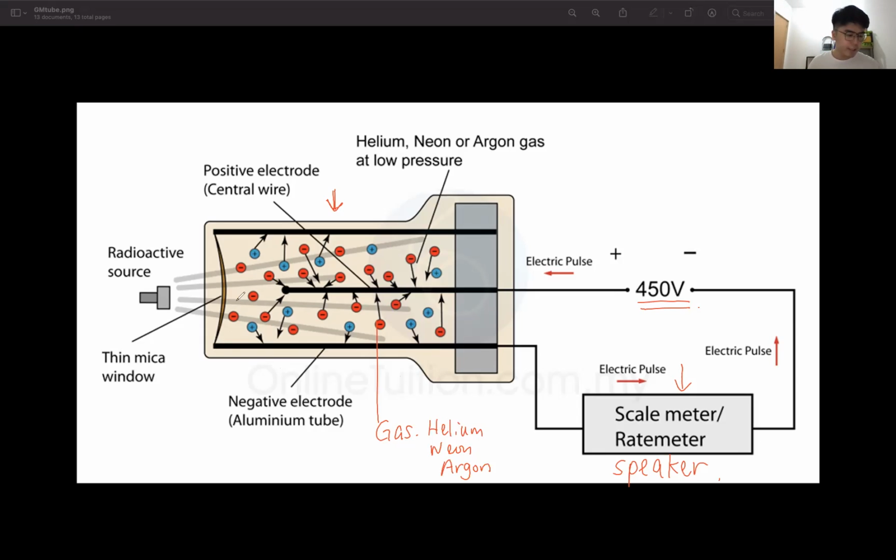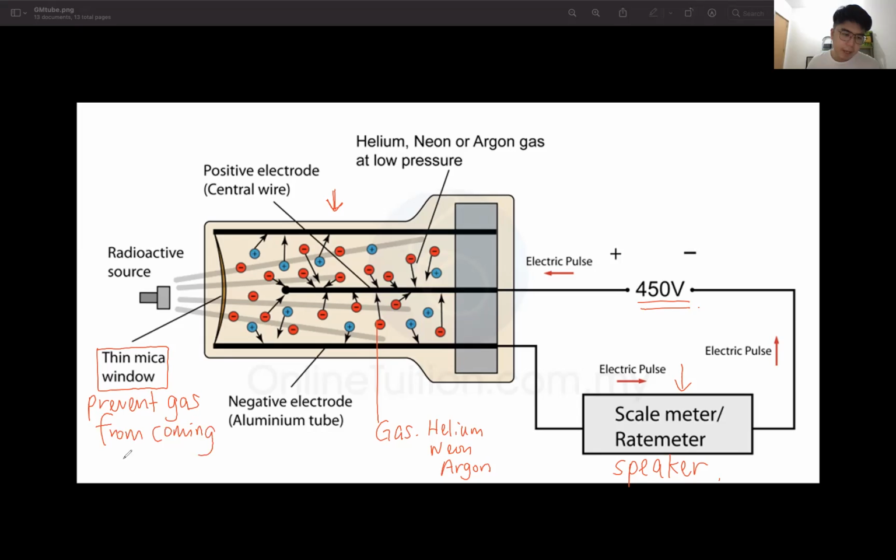Okay, and then one thing is very important. Often they will ask about this one, the mica window. What is this? A thin mica window. This thin mica window is to prevent the gas from coming out.